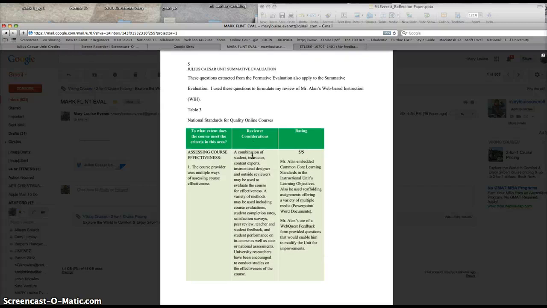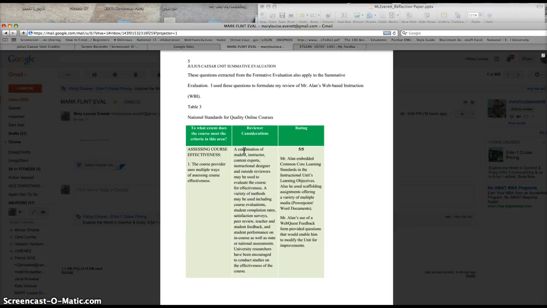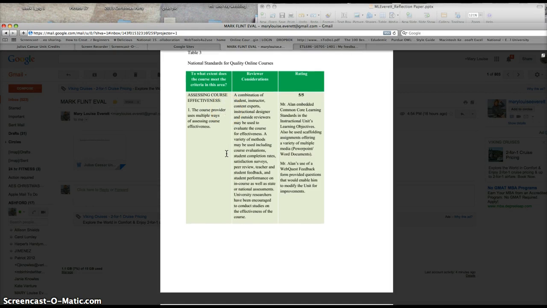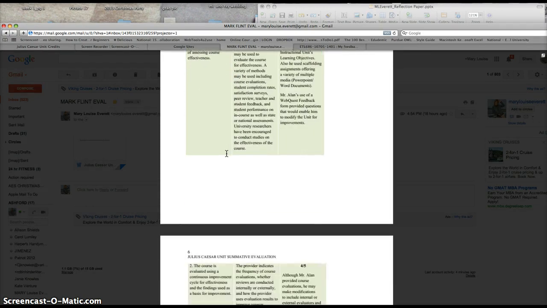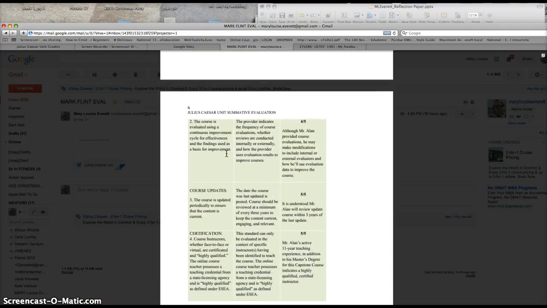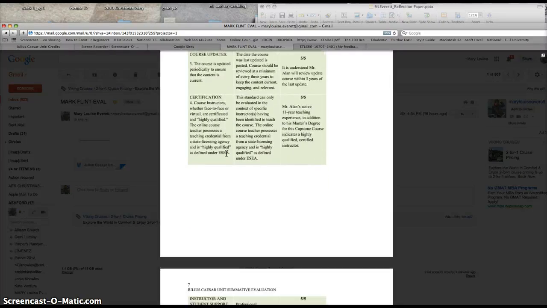Then I used criteria from the National Standards for Quality Online Courses to rate Mr. Allen, and I had 8 different categories that I rated each subsection of his web-based instruction, as you can see here.